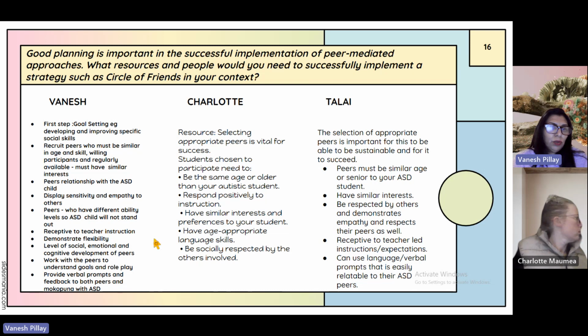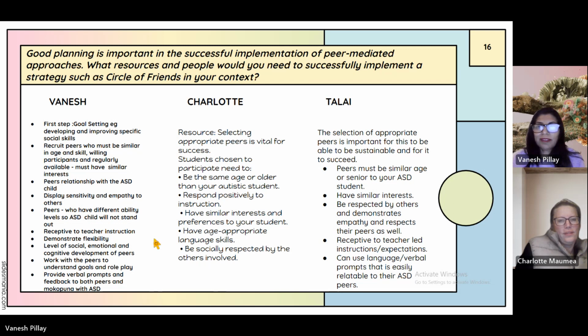And when working with peers, teachers, specialist teachers, or TAs need to work with peers so that they can understand the goals and be involved in role playing before they actually interact with the autistic students, and provide verbal prompts and feedback to both peers and students with ASD. Awesome.